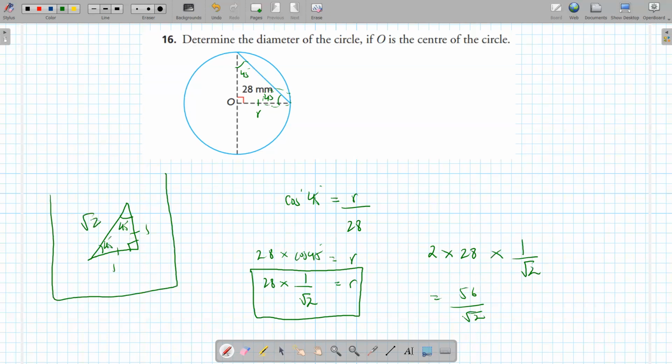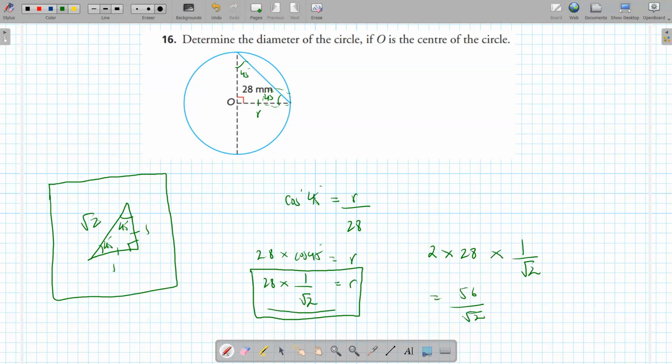This is called the 45-45 special triangle. We'll do this later. It's not really important for this problem, but if you want precise values, you want to use this triangle. If you plug cosine 45 into a calculator, it's going to give you an irrational answer, which is fine for this question, but some questions are going to ask you, what's the exact value?